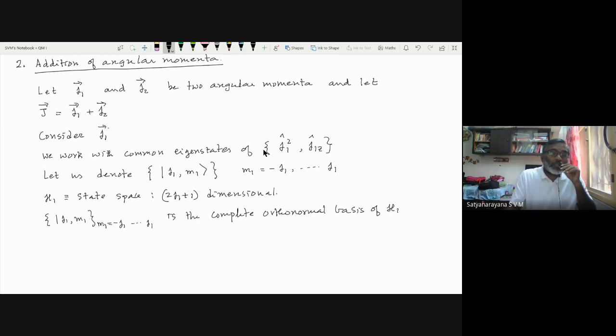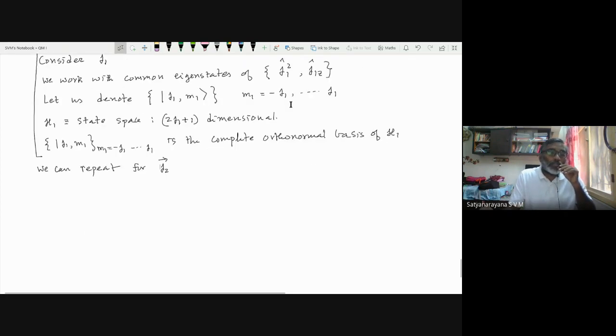Now the same description, whatever I have written here, we can repeat for J2. That means there will be a Hilbert space H2, which will be 2J2 plus 1 dimensional.